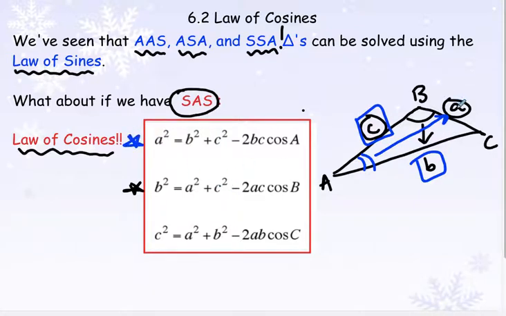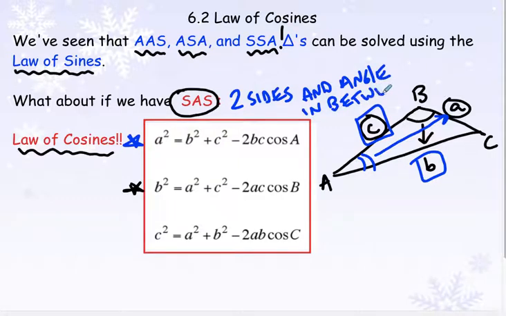If I want to find A, I take B squared plus C squared minus 2 times B times C times the cosine of angle A, because that is between these two sides. So two sides and the angle in between them. All right, so we're going to practice a few examples.